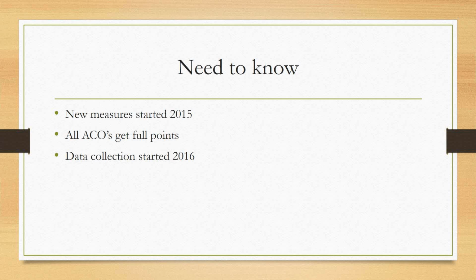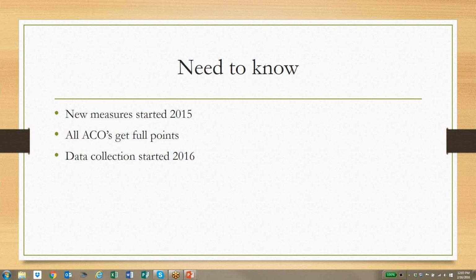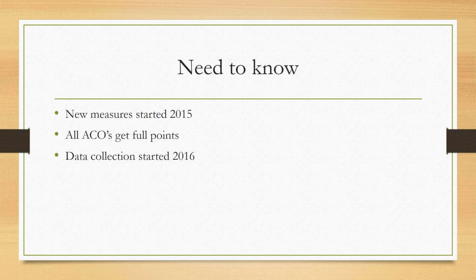There was no required tracking for 2015. However, with 2016, we are required to start the data collection for the new measures. So we're going to go over what those new measures are. Next slide, please.